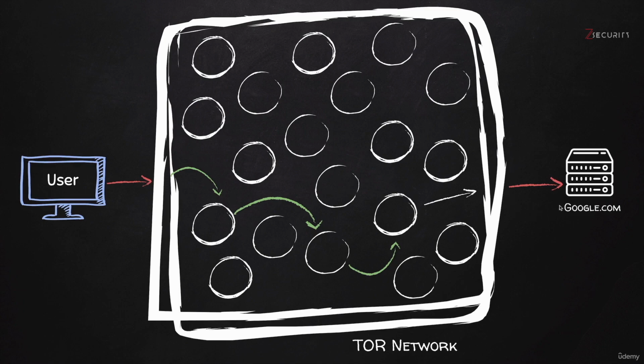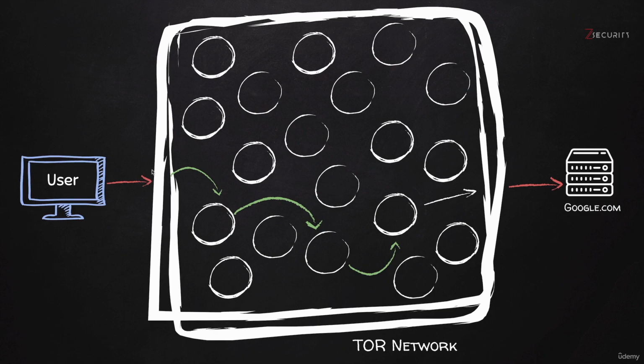This arrow right here is not very important, because if the target website uses HTTPS, or if you're using a browser plugin that forces HTTPS, then this data right here will be encrypted by HTTPS, by SSL. So the only point where your data is sent unencrypted is when you're sending data to Tor.